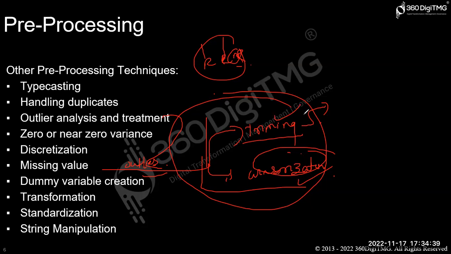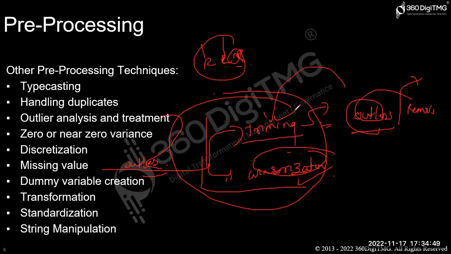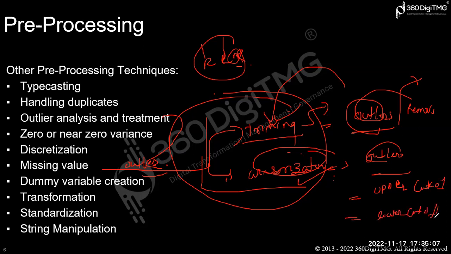In trimming, whatever the outliers we have, we are simply removing them. That we will be calling trimming. And then winsorization: whatever the outliers we have, we will be replacing with the upper cutoff value and lower cutoff value. That we will be calling outlier removing techniques, trimming and winsorization.